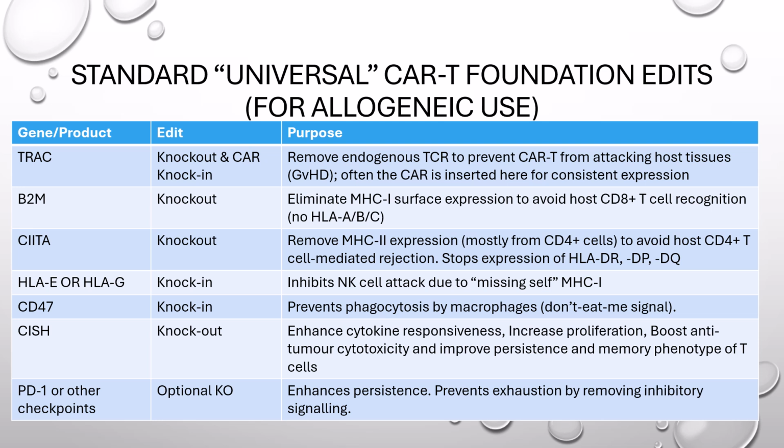This PD-1 is knocked out to prevent the inhibitory signaling when it binds with PD-L1 or PD-L2, which naturally occurs as part of the body's defense against autoimmunity. You knock that out because the ligand is overexpressed on the tumor cells.